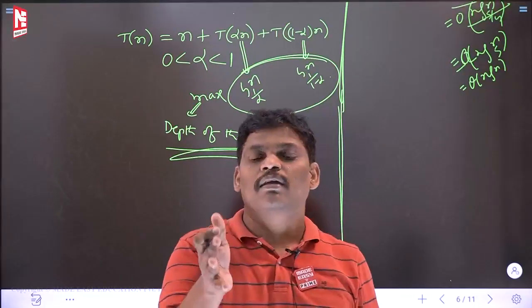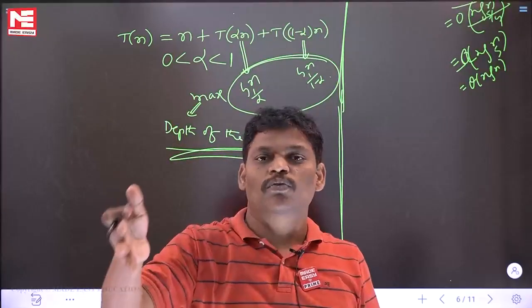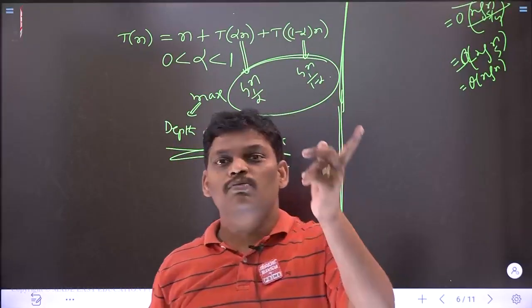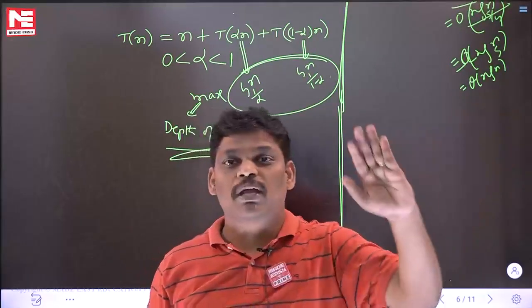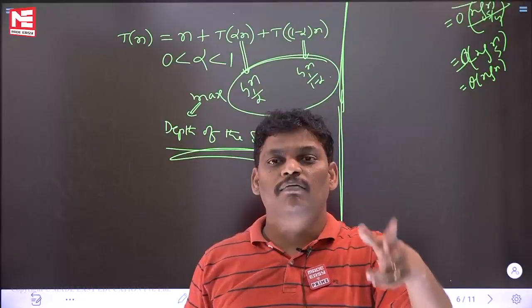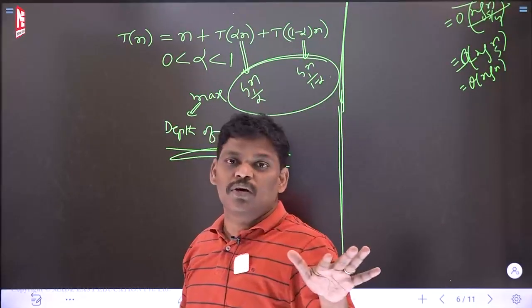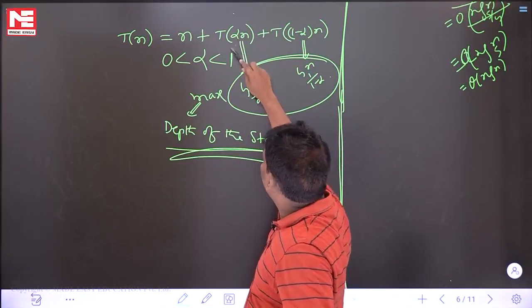I am repeating once again: what kind of behavior should the partition algorithm have so that it gives best case and average case? The answer is that the partition algorithm should divide the given array in such a way that a fraction of n goes one side and the remaining goes to the other side. Then the quicksort algorithm will give best case or average case. The same thing I said in English lines, I have written technically like this: fraction of n one side, remaining other side.